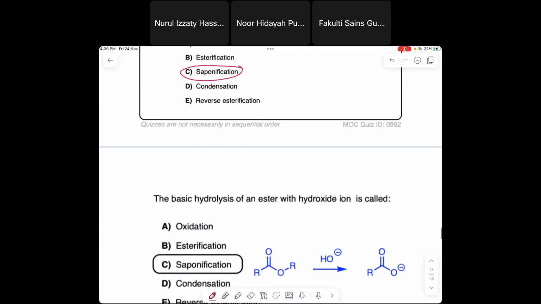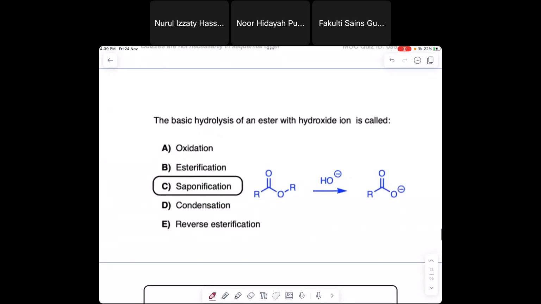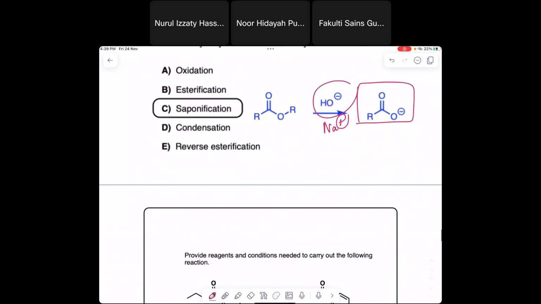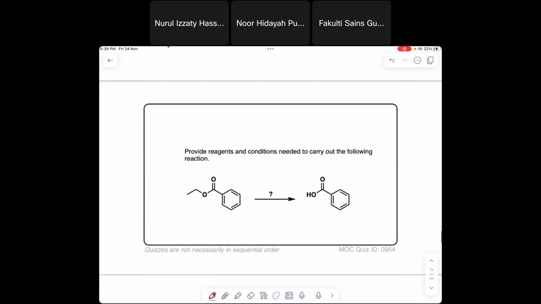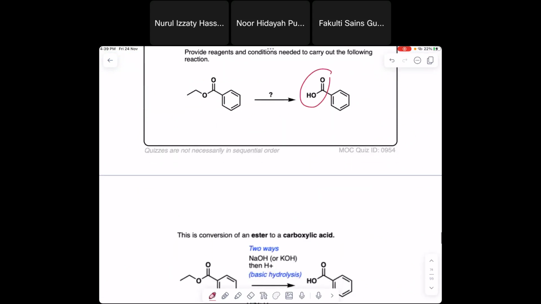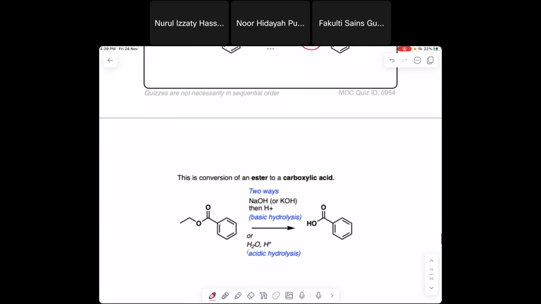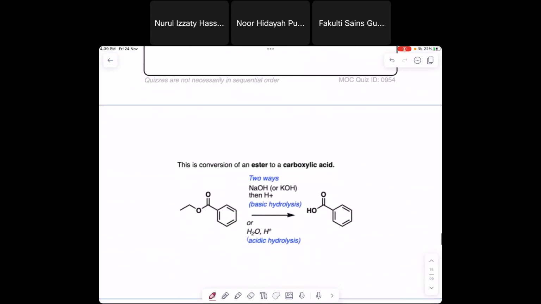Okay, so bila you ada ni, you are making this carboxylate anion dengan sodium plus lah. So again, this is ester. You want to make the acid. Senang je reaction yang saya jumpa ni yang mudah-mudah lah. Tak sempat nak jumpa yang sukar-sukar gitu kan. So very easy lah. Basic hydrolysis or acidic hydrolysis.